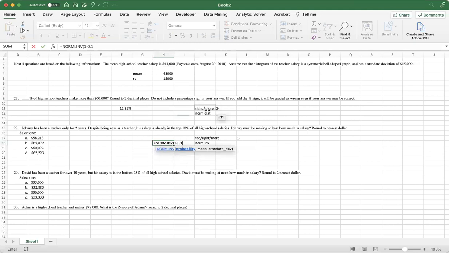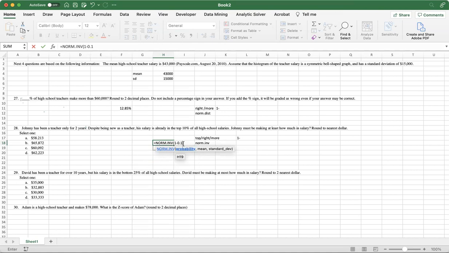If this were a norm.dist problem, which hopefully you guys remember from problem 27, when we did 1 minus, our 1 minus was on the outside, meaning we did 1 minus norm.dist. So whenever you're using norm.dist and you need to do more than, and you're doing 1 minus, the 1 minus has to be on the outside. So 1 minus norm.dist. If you're using norm.inverse, the 1 minus has to be inside of the parentheses. So like this, norm.inverse 1 minus 0.1.